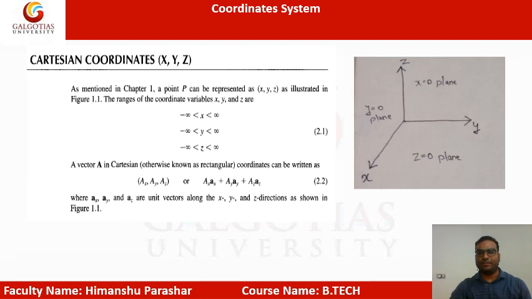You can also say from the theory part that x varies from minus infinity to infinity, y also varies from minus infinity to infinity, and z also varies from minus infinity to infinity. So a vector A in Cartesian, otherwise known as rectangular coordinates, can be written as Ax ax plus Ay ay plus Az az, where ax, ay and az are unit vectors along the x, y and z directions as shown in the figure. Simple.